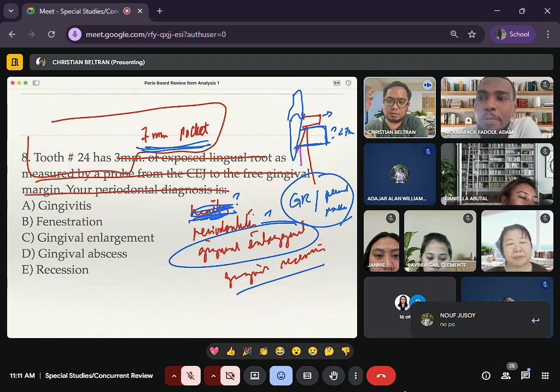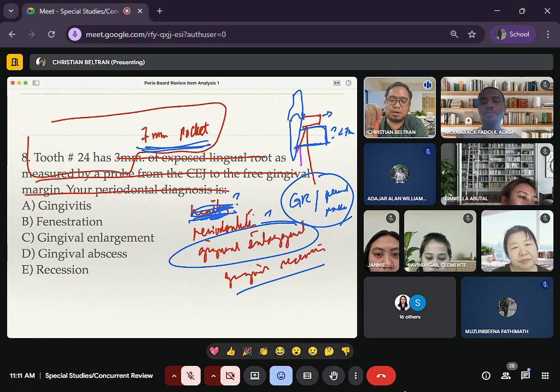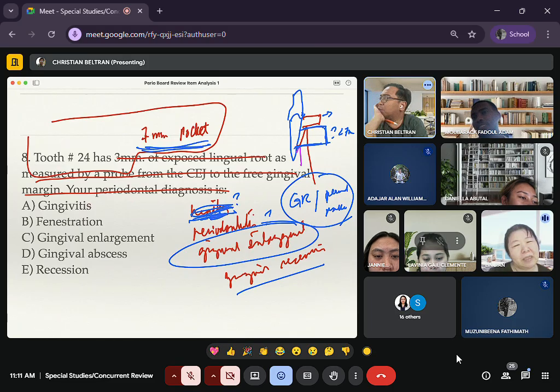Gingival enlargement, it depends on what? Yes, but it depends on what? After, I guess, initial treatment. After initial scaling, it must have the pocket, it's 7 mm already.